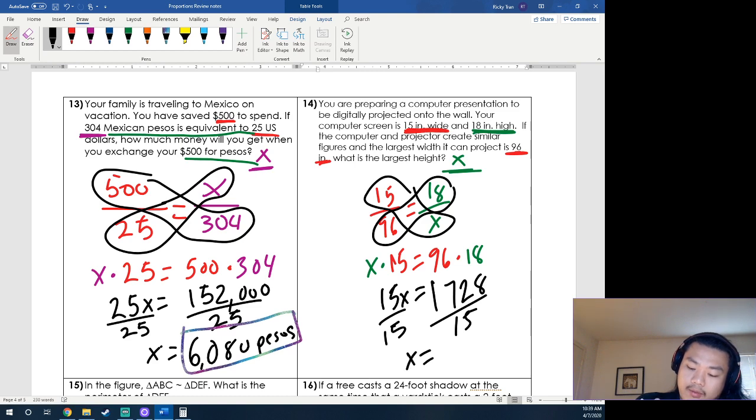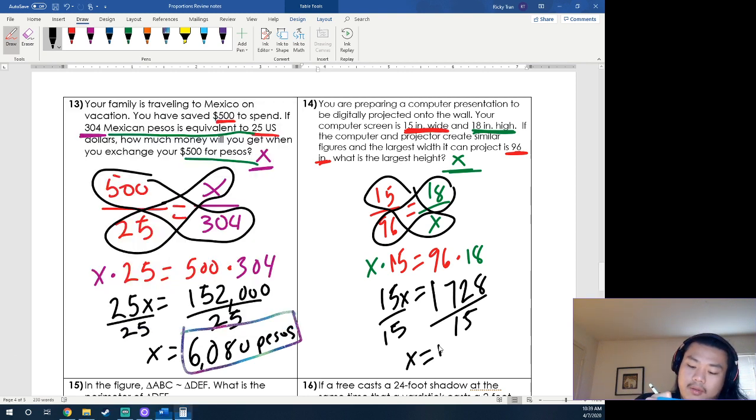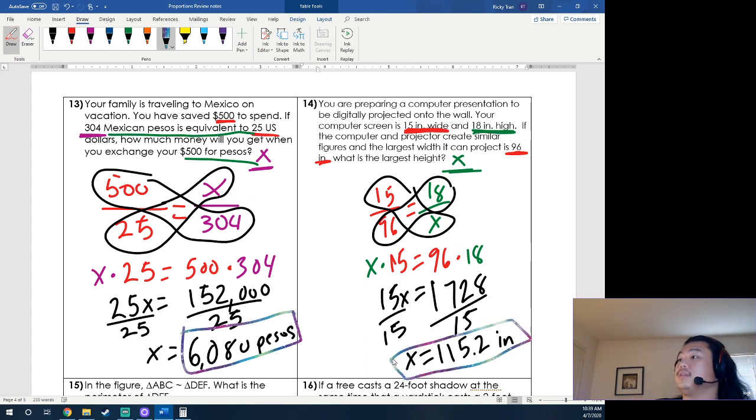So x is equal to 115.2 inches high. So this is the largest height that you will project. All right, number 13, number 14. Almost there, guys. We got two more questions.